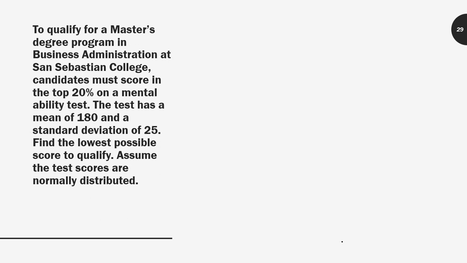Find the lowest possible score to qualify, and let's assume that the test scores are normally distributed. Okay? So, ang hahanapin natin dito mga anak, ano daw po bang score? Okay? Ang kailangan mong makuha para po makapasa doon po sa master's degree program po.